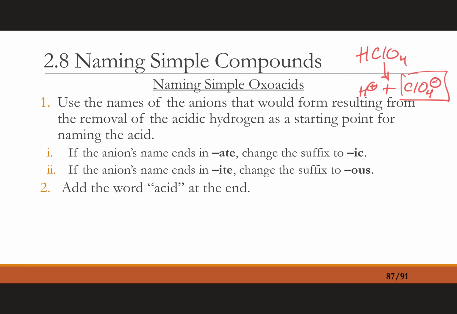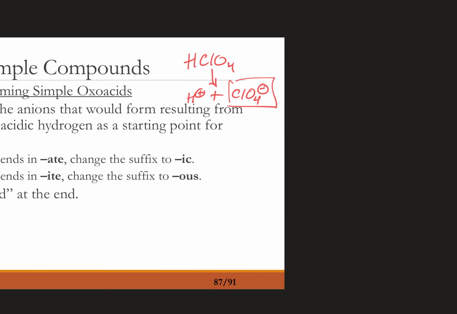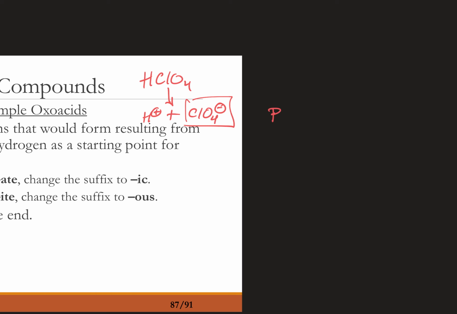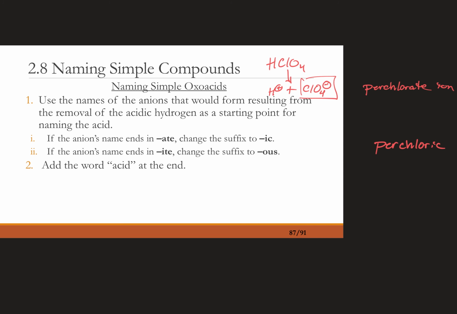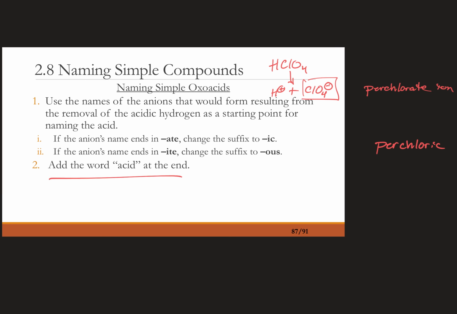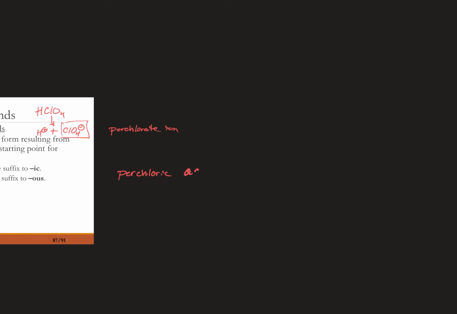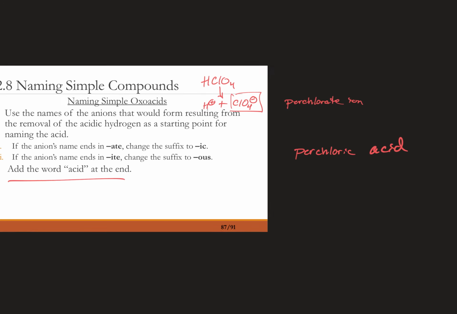If the anion's name ends in "ate," change the suffix to "ic." So this is a perchlorate ion, and we're going to call it perchloric. Add the word acid to the end, so it's just perchloric acid.